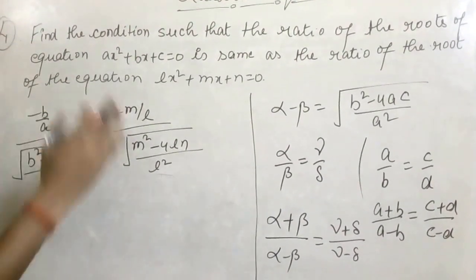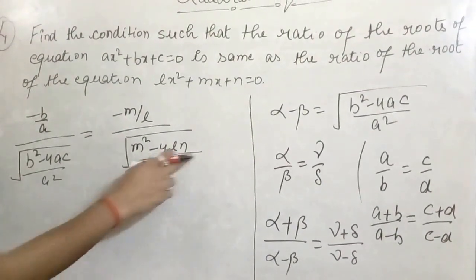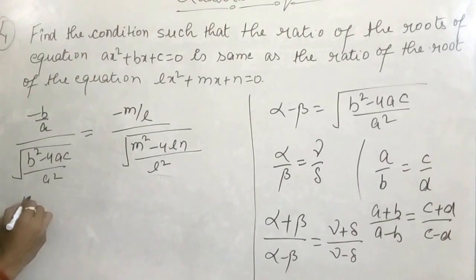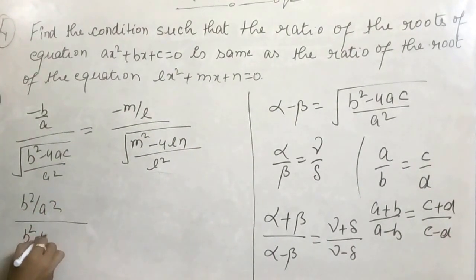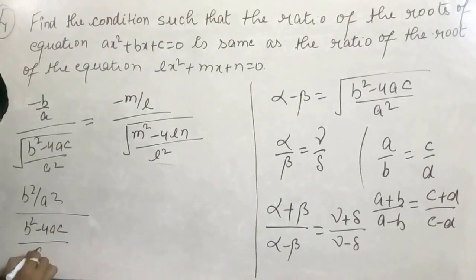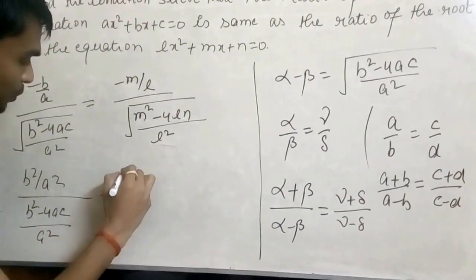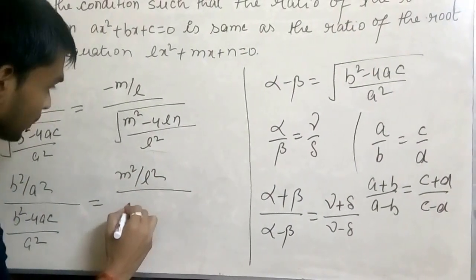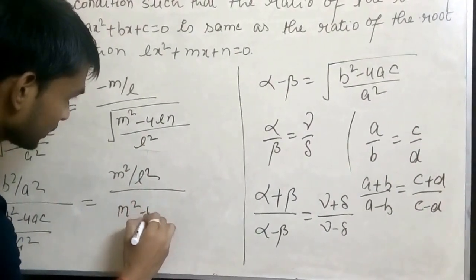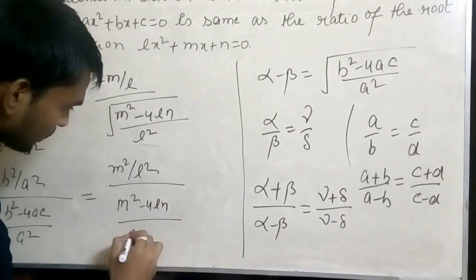Okay, if we square both sides of this equation, then we get b square divided by a square and b square minus 4ac divided by a square equal to m square divided by l square and m square minus 4ln divided by l square.